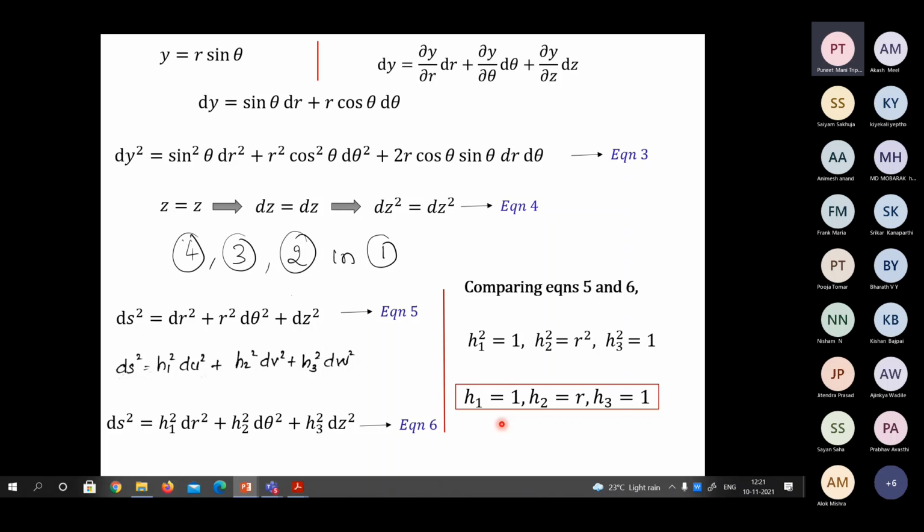Okay. Another homework you can take down. You know the general expressions for gradient, divergence and curl. Substituting the specific parameters for cylindrical coordinates, you find gradient, divergence and curl for the cylindrical coordinate system.